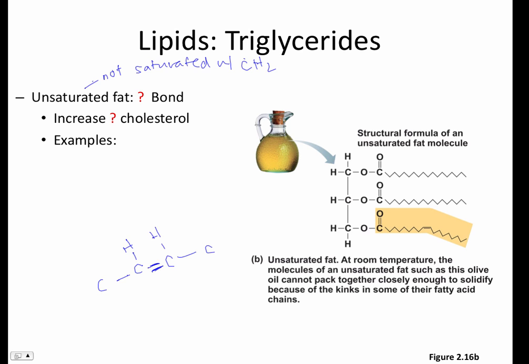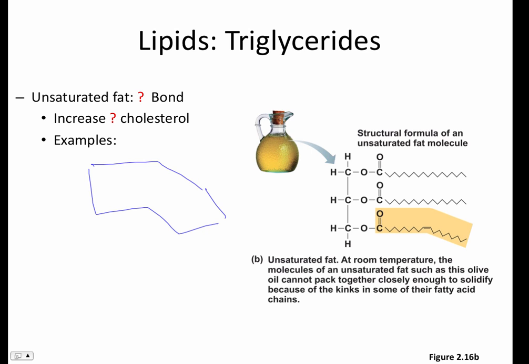And when you look at it from a faraway distance, what happens is now you can create a kink in this chain. And so is it going to be easier or more difficult for these to stack up at room temperature? More difficult. So I'm going to try to outline this shape over here. Let me clean that up really quick. So here's that shape that we created. And if you think about how these are going to be at room temperature, they don't stack up very nicely.